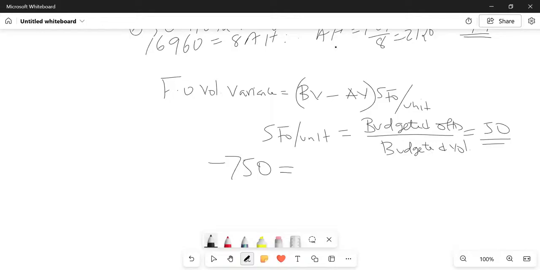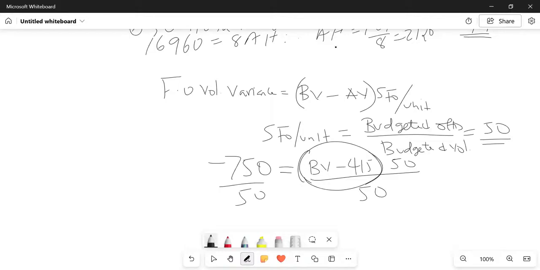Do we have budgeted volume in this question? No. But we have actual volume. Actual volume was the actual output, actual production. You gave me a figure, 415. These standard fixed overheads are 50. So treat this as if it's one number. Divide both sides by 50 first. So this and this will cancel out.